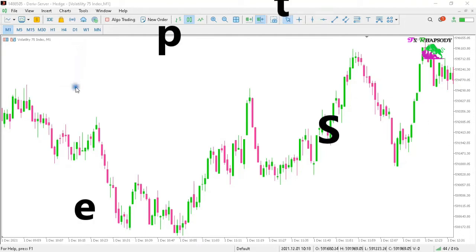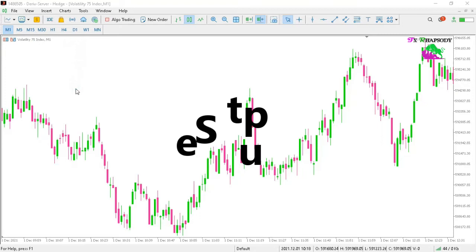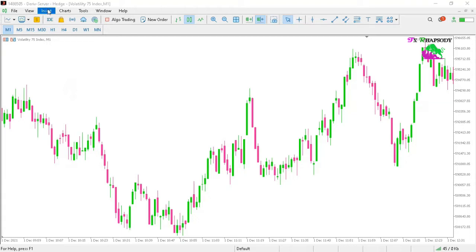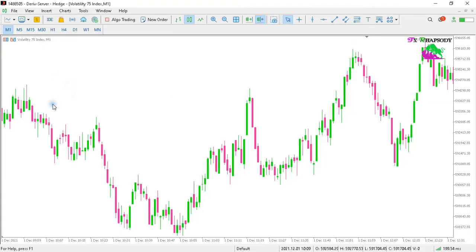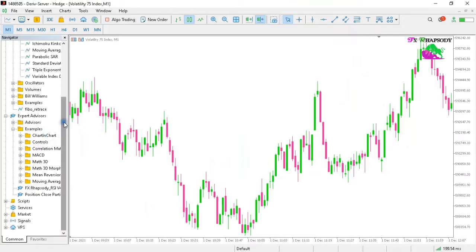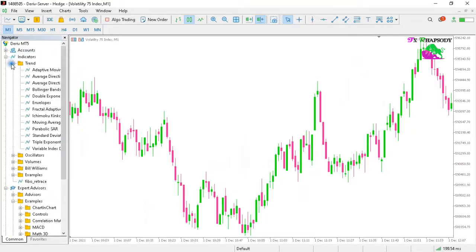There are two indicators that I want you to put on your chart. I know you can insert indicators through the Insert Indicators tab, but I do not want you to do that. What I want you to do is use your navigation pane on the left hand side. If you do not have it, like I don't at the moment, all you do is press Control and N on your keyboard, and it will appear on the left hand side.